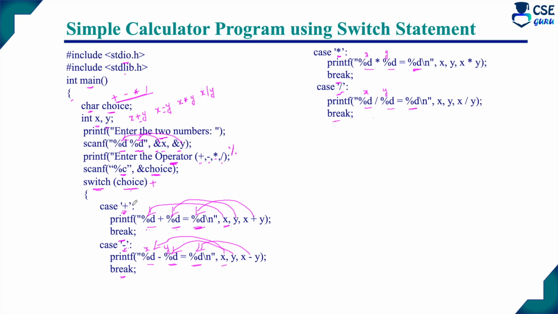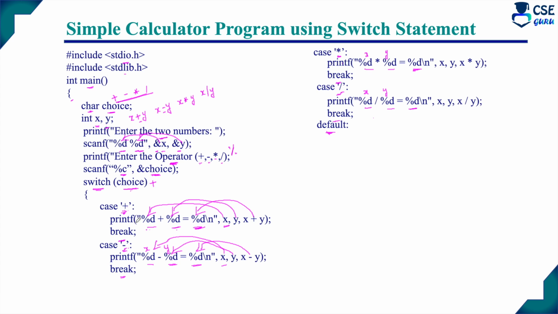If it is apart from the addition, subtraction, multiplication, and division operators, then by default, go to the default statement. So in a switch, you specify all the case alternatives, and at the end, you specify the default statement. What is the purpose of the default statement?